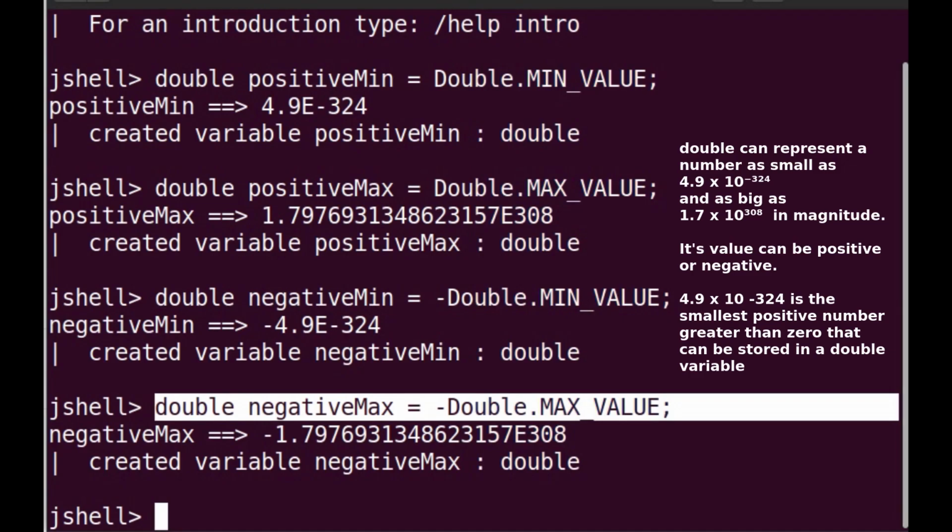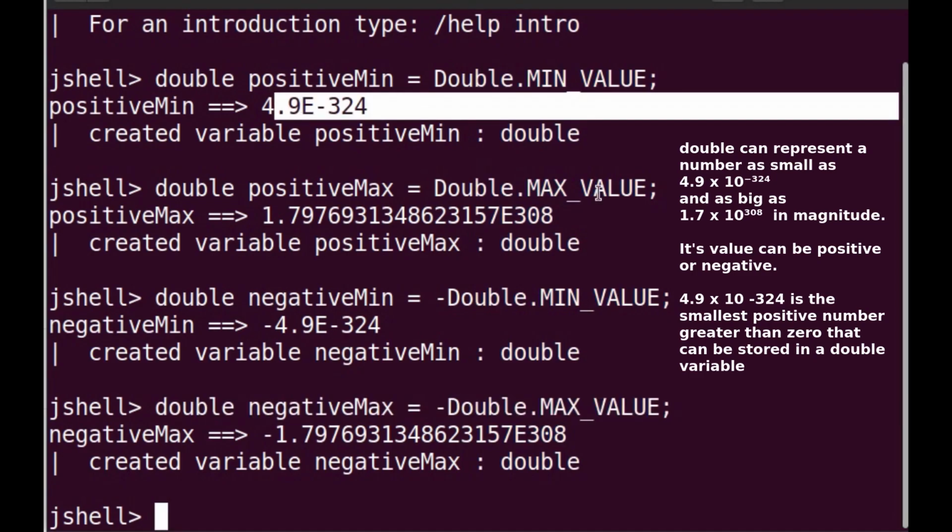From this we can see that a double can represent a number as small as 4.9 times 10 to the negative 324, and as big as 1.7 times 10 to the 308 in magnitude.